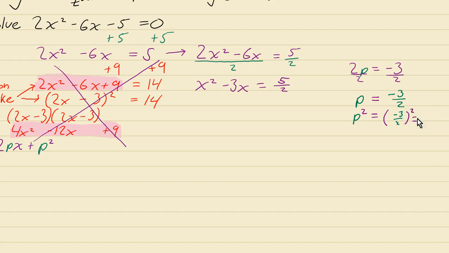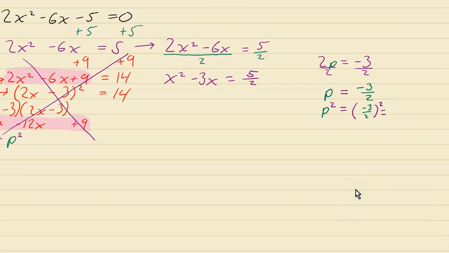That's the same thing as squaring the top and squaring the bottom. So negative 3 squared is 9 over 2 squared is 4. So that's your p squared, 9 over 4. That's what we're going to add to both sides.